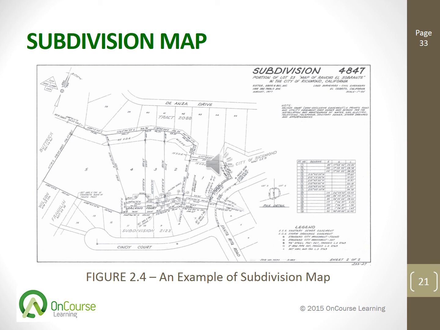And of course, if you knew where it was and you were familiar with it, you know that it is hilly, and you start to get some ideas by looking at maps, especially subdivision maps or plat maps. You can see on the upper right hand corner here the subdivision map number 4847.